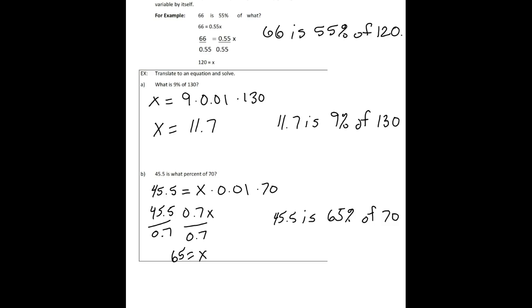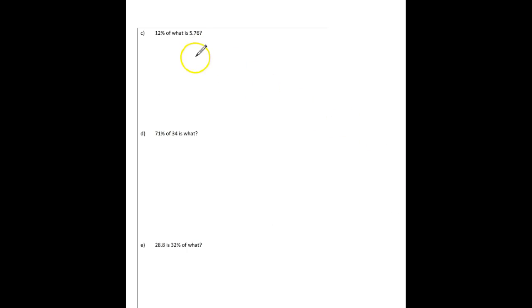Okay, I think we got a couple more here. Let's take a look. Sure enough, 12% of what is 5.76? So 12%, 0.01, of what? So of what is our variable. You don't have to use x for your variable, but it's the most common, and that's probably what I'll use, sort of my default variable, 5.76. So when I simplify, I get 0.12x equals 5.76.